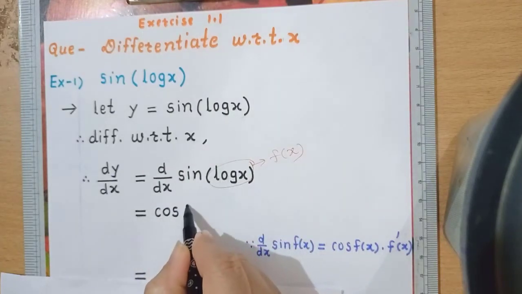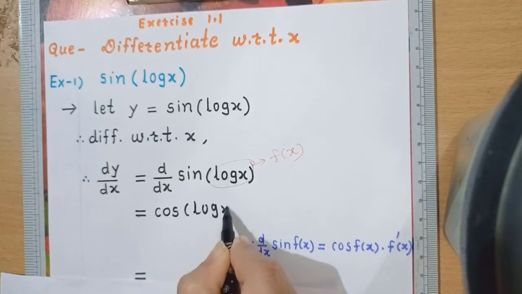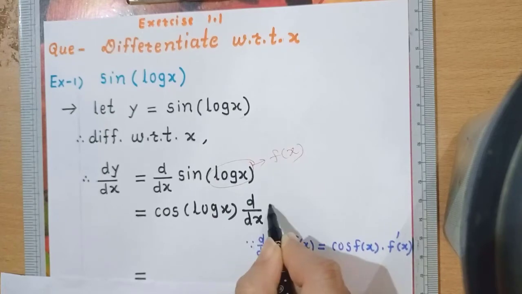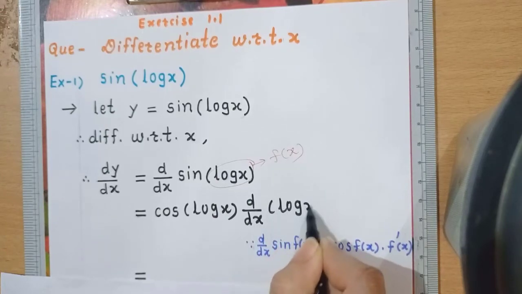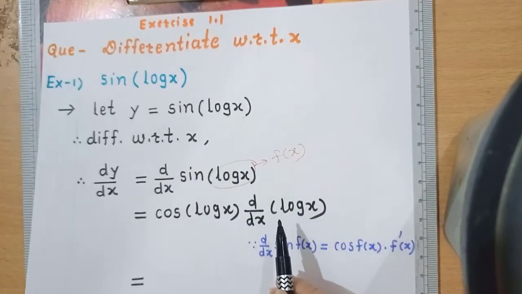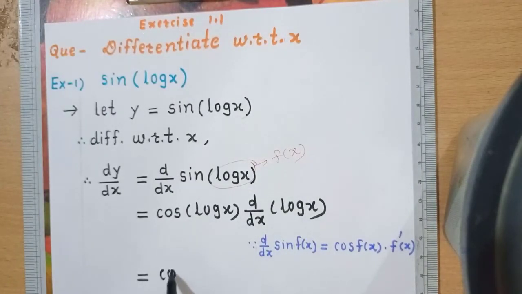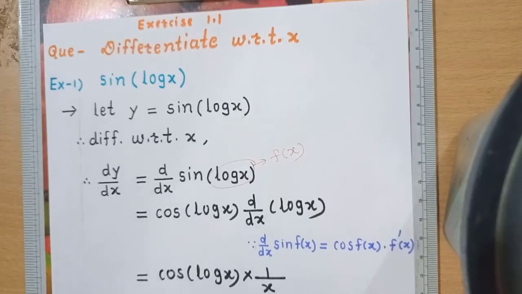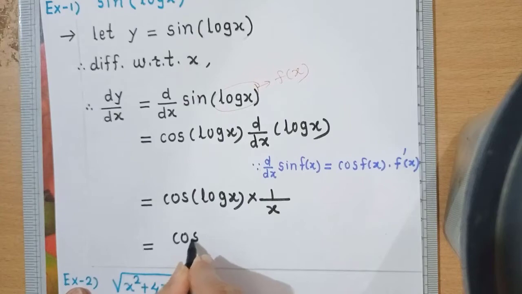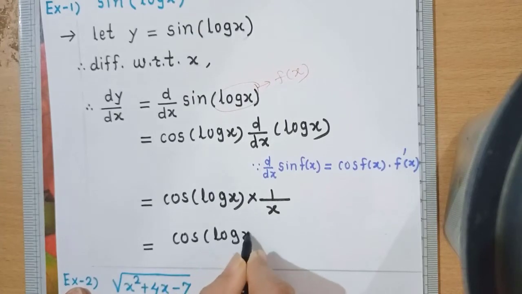So cos f(x) means cos of log of x, and again the derivative of this, d by dx of log of x, is 1 upon x. So in the next step, cos of log x into its derivative 1 upon x, and so the final answer is cos of log of x upon x.